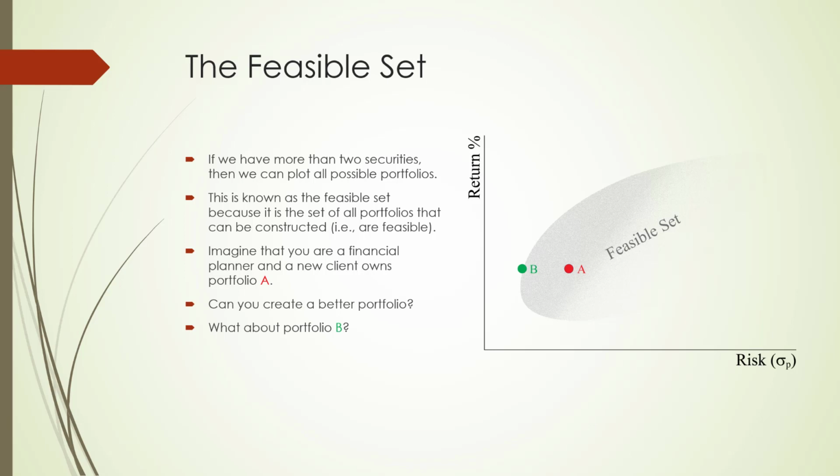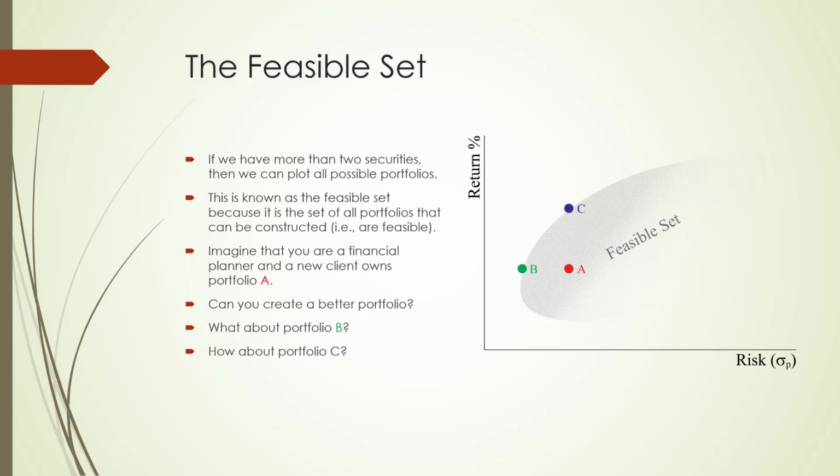Well, what if you think about portfolio B? Now, notice with portfolio B, we have the same expected return as portfolio A, but portfolio B is considerably less risky. That means portfolio B has a better risk-return trade-off, and your client will be happier with portfolio B than they were with portfolio A.